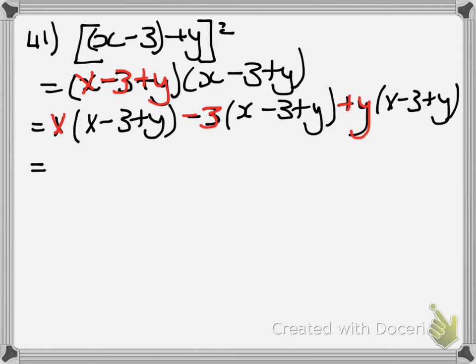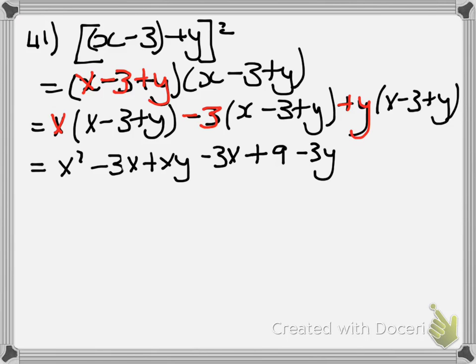And this would give me x squared minus 3x, minus 3x plus xy, minus 3x plus 9, minus 3y, plus xy, minus 3y, plus y squared.